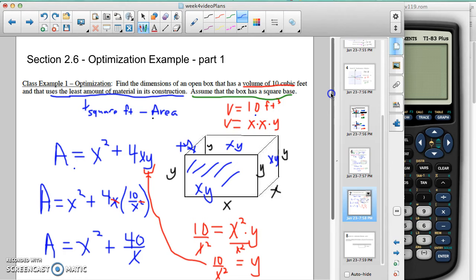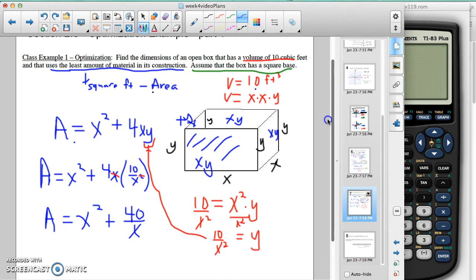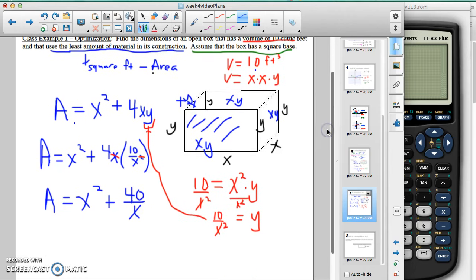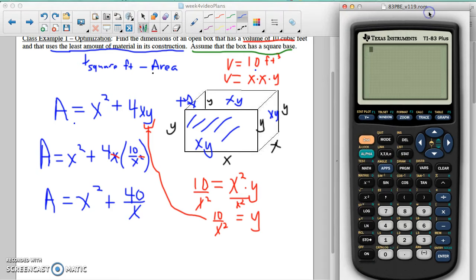Now in an optimization problem, I'm looking for the highest or lowest value, so I'm going to use my graphing calculator here to find that lowest value. Now that I have it as a function of one variable, I'm going to take my calculator and look at the graph of this and see if I can find its least value.